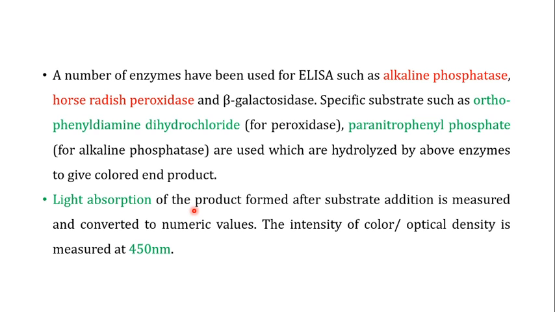Now a variety of enzymes have been used in ELISA, and the important enzymes include the alkaline phosphatase, the horseradish peroxidase, and the beta-galactosidase.